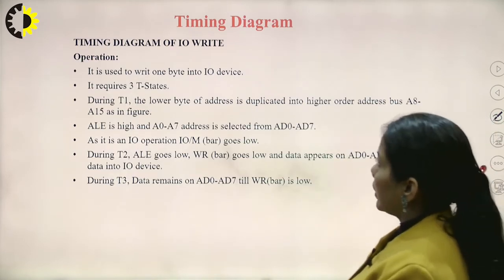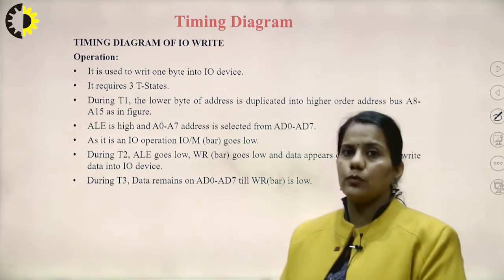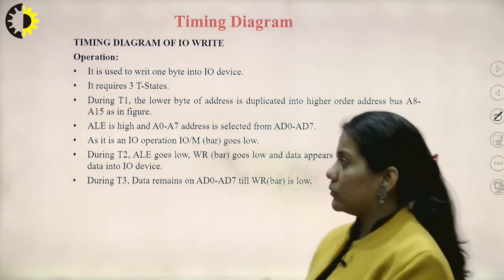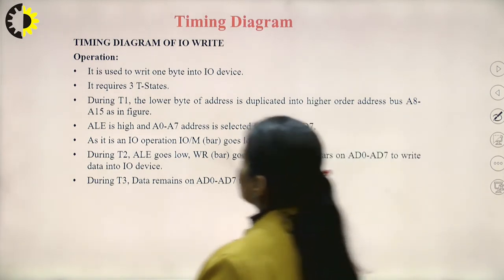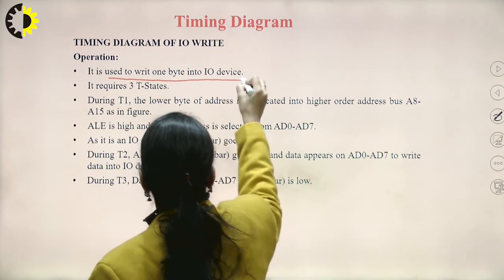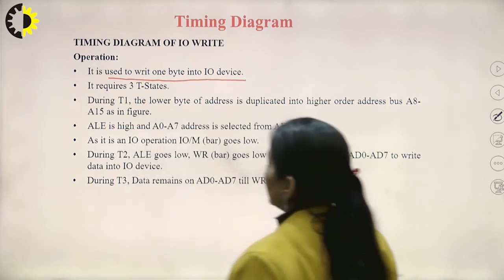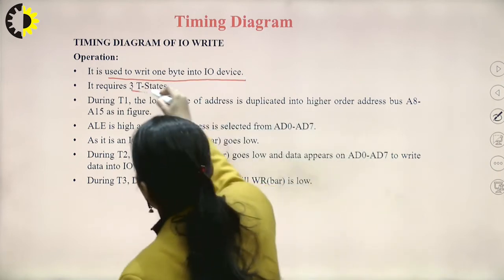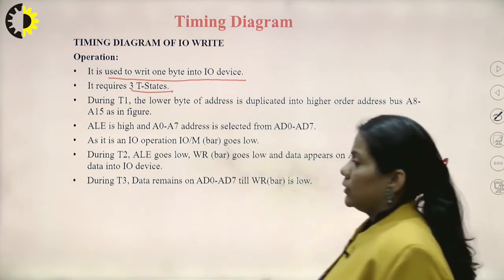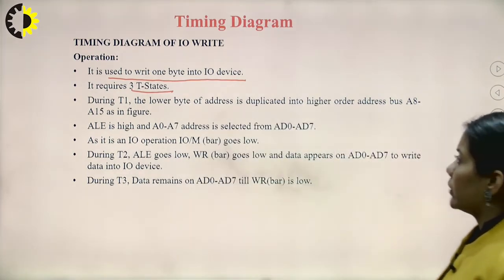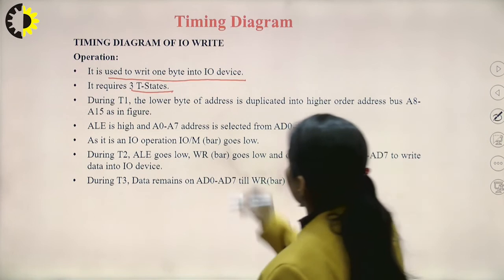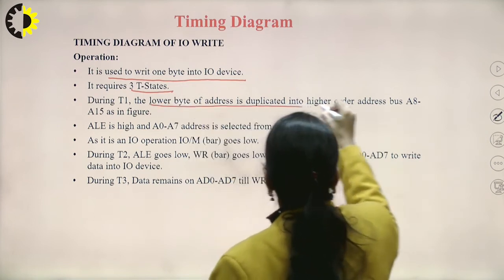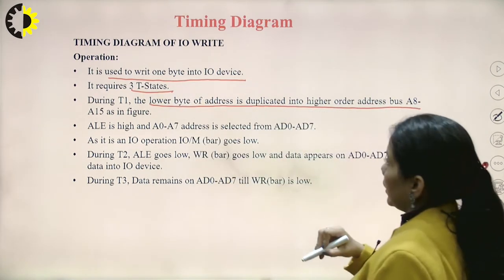The next timing diagram which we are going to study is input-output write. This operation is used to write 1 byte into an input-output device. It requires 3 T states again. During T1, the lower byte of the address is duplicated into the higher order bus A8 to A15.